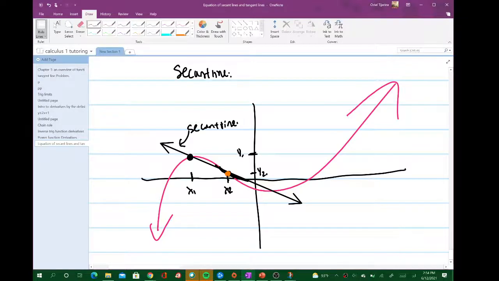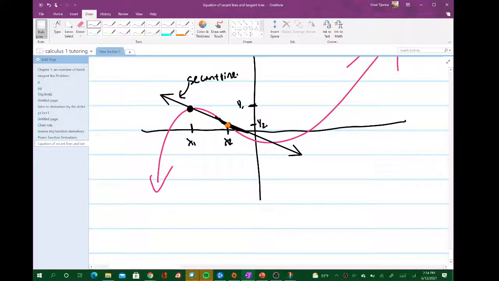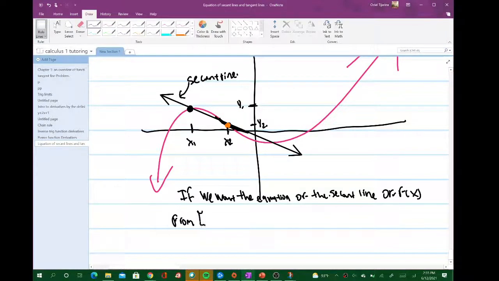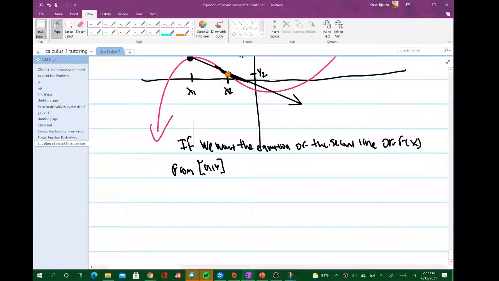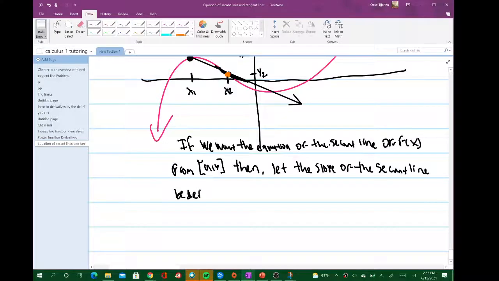All right. So if we want to find the equation of the secant line of f of x from the interval a to b, then let the slope of the secant line be defined by m sub secant.